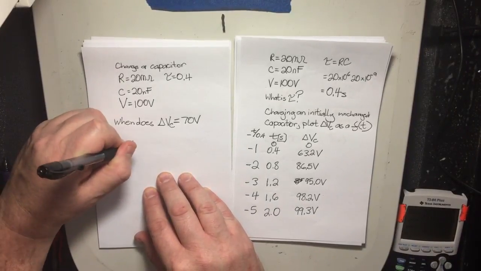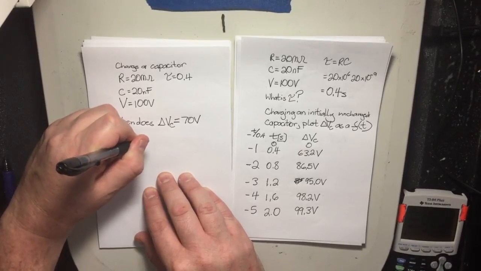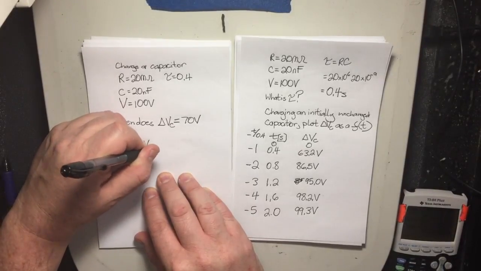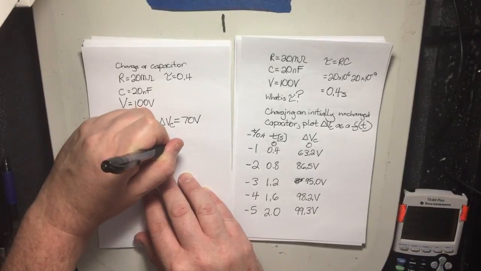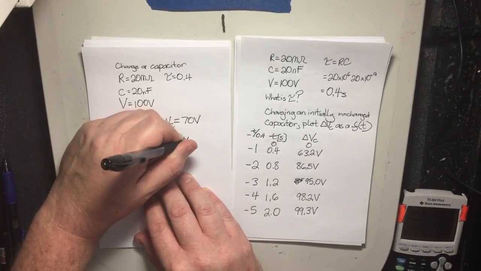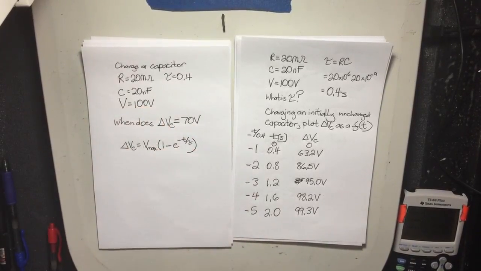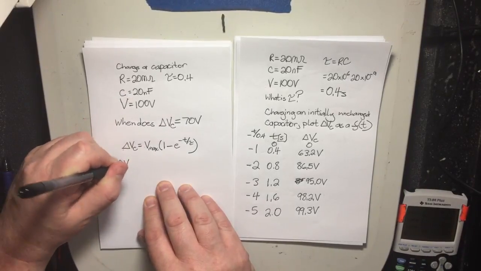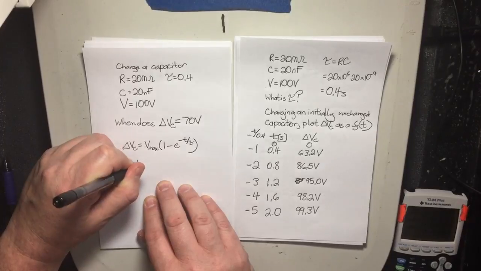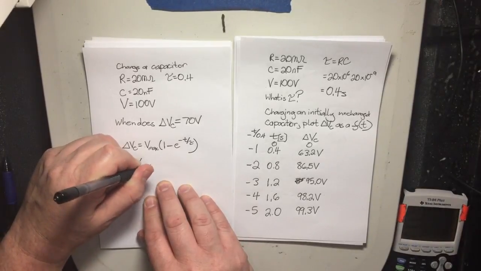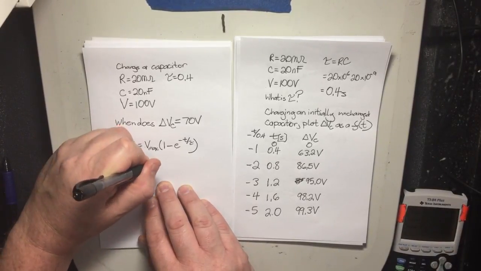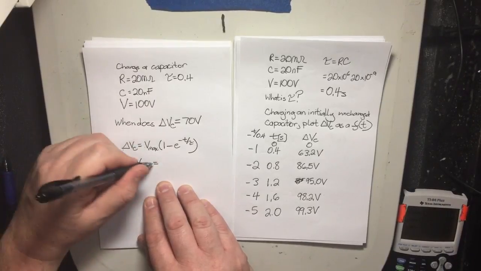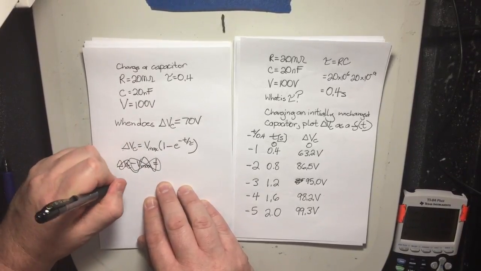The delta VC is the Vmax, or battery, times 1 minus e to the negative t over tau. And this is how we do this alphabet soup style. We move this over here. Delta VC minus Vmax. Oh, that was the next step.